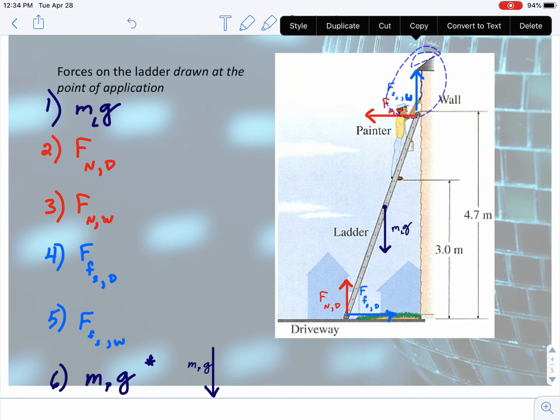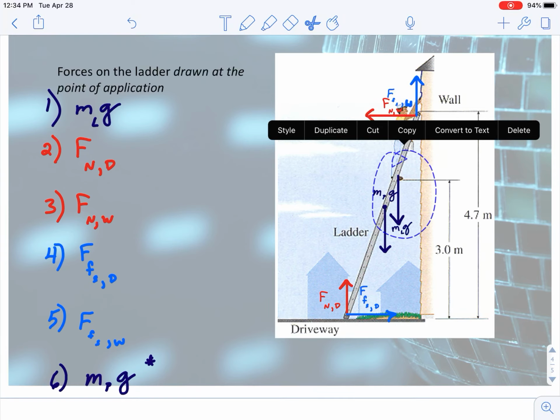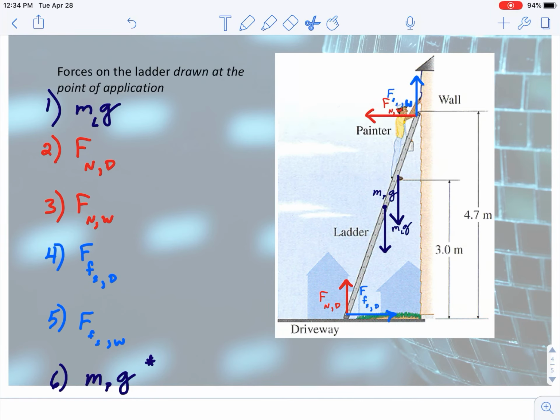The friction force between the wall and the ladder occurs at the very top of the ladder. And the painter's feet pushing down on the ladder occurs up here.